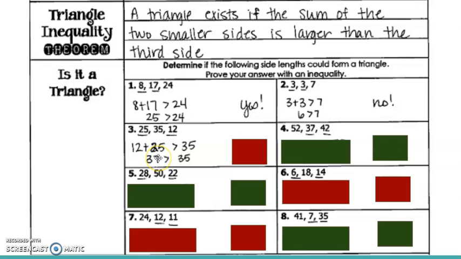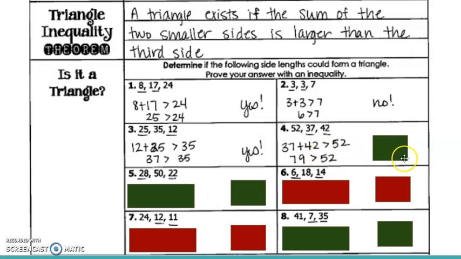When I add it, it is 37. 37 is greater than 35, so we would say yes, that forms a triangle. Number 4, out of 52, 37, and 42, 37 and 42 are those smaller sides. When I add them together, I get 79. 79 is greater than 52. So again, yes, it makes a triangle.